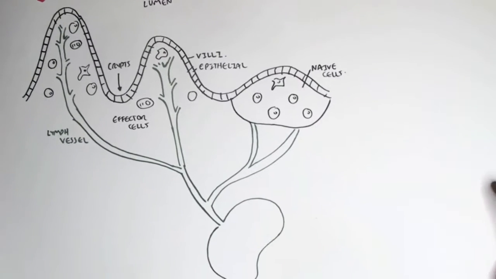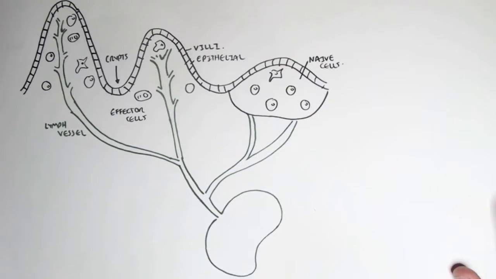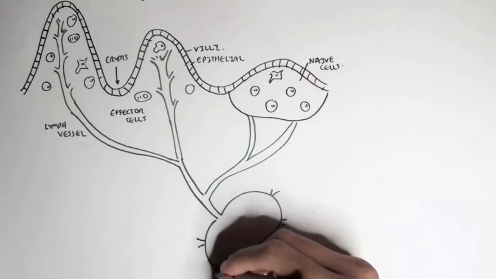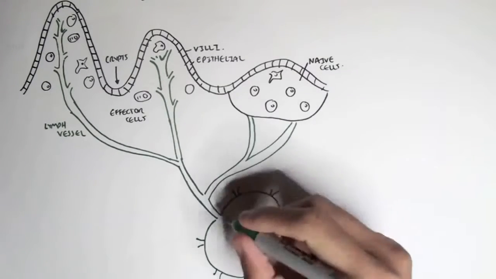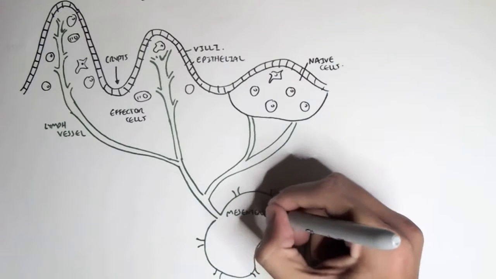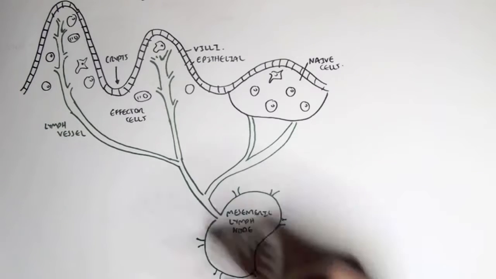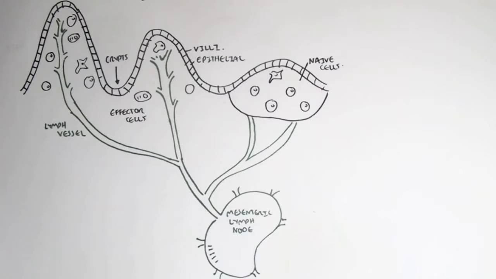The inductive sites are also connected via lymph vessel to the mesenteric lymph nodes. Within the mesenteric lymph nodes, we also have the naive lymphocytes, where if the dendritic cell captures an antigen, it can go into the mesenteric lymph nodes and activate the naive lymphocytes as well.